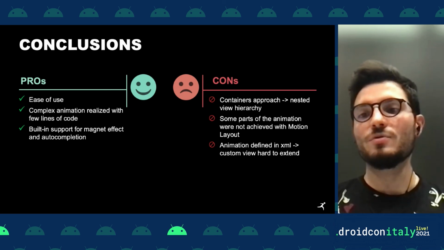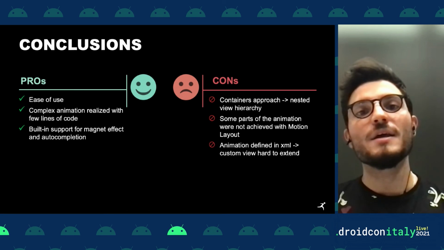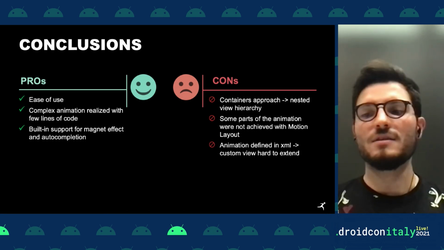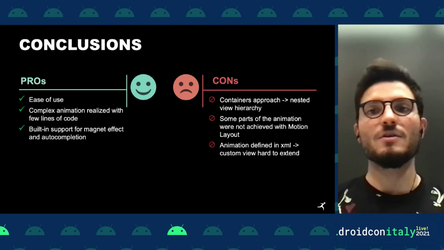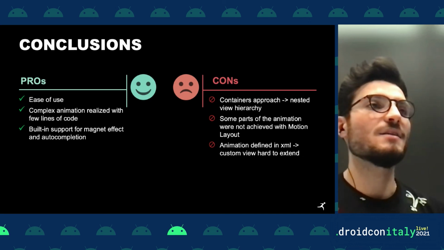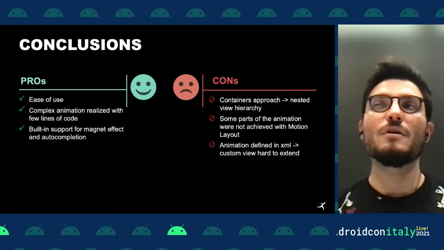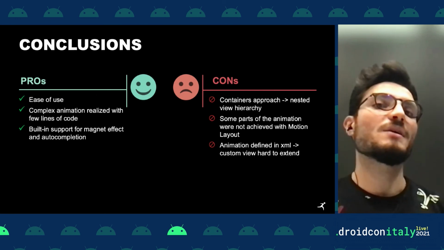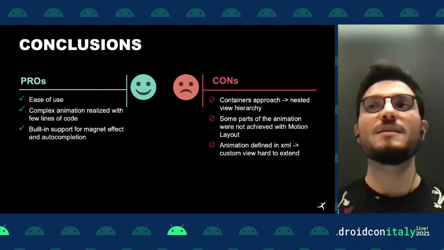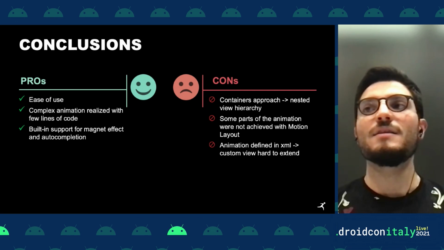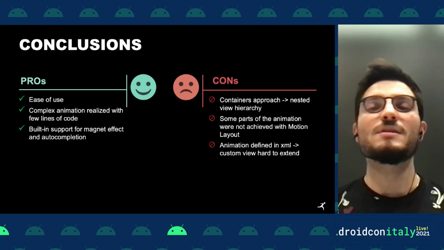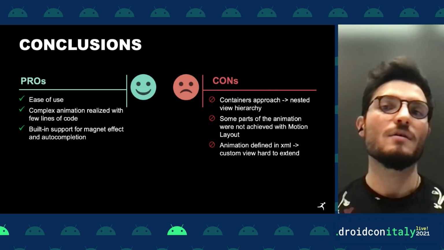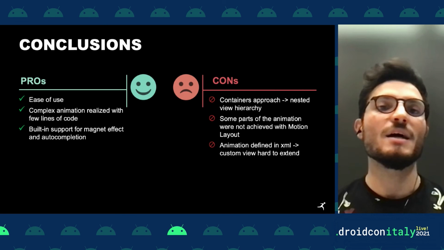But let's go to the negative side. We used this container approach that was easy to use, but not so performant, because we added a layer of nesting in our layout. We added this container, and inside the container you can set another view group, so this container is one more nesting in our layout.